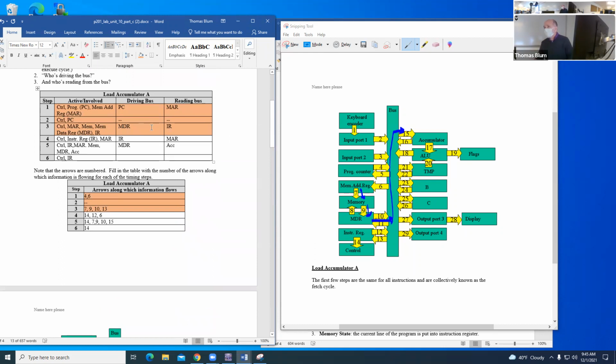So the instruction register is still telling me it's a load, and then the control says for everybody else not to do anything, but control is still quasi-active. Active just means I say involved. So the control is telling everybody not to do anything. So there's nothing on the bus, nothing here, and just the 14.